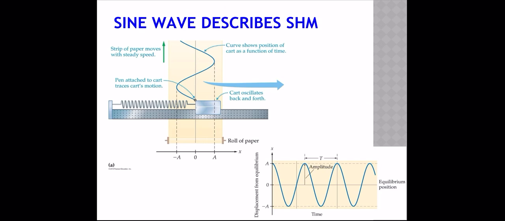And of course, we've talked about position-time graphs already this year. We haven't talked about waves at all, but position-time graphs were, of course, a really important thing. So take a moment to look at that slide if you need further clarification on that.